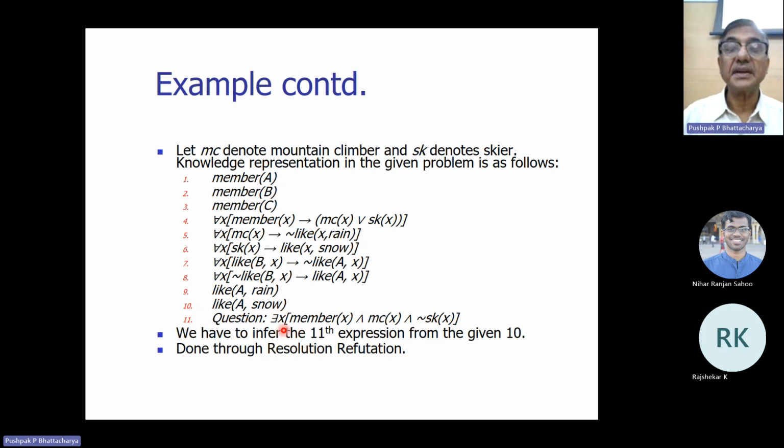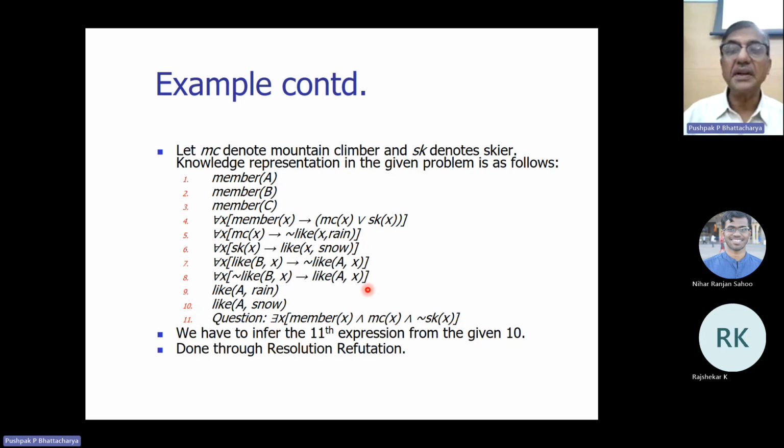Now the question is, there exists x. This is existential quantifier. Member x and mountain climber x and not skier x. Is there an x who is a member of the club and is a mountain climber but not a skier? Okay, this needs to be proved from the knowledge base given.